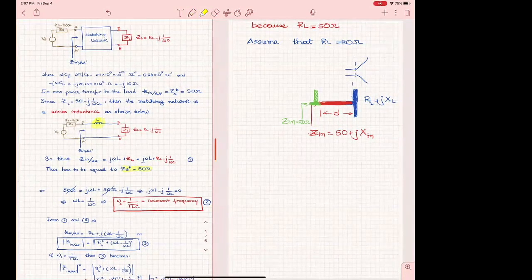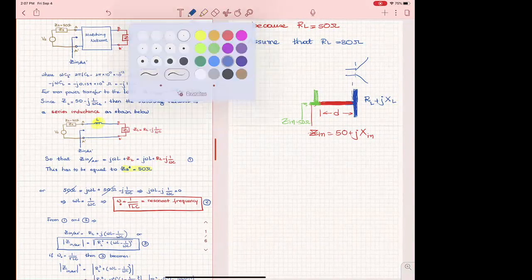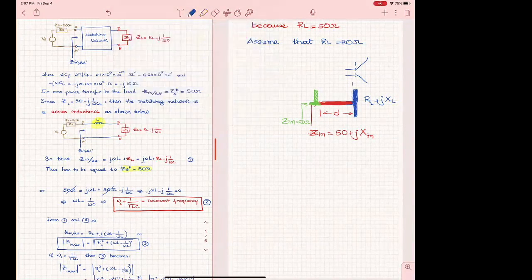Okay, so now what do I do? I try to find the input impedance, now that I have this network, all right? So I'm going back to L as a matching circuit. It's a series L, obviously. It's an inductor connected in series.